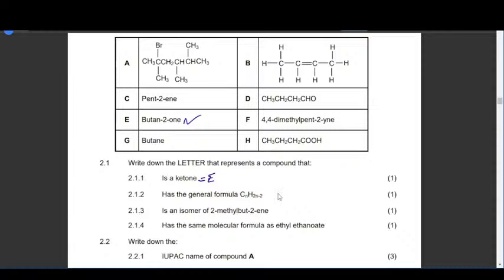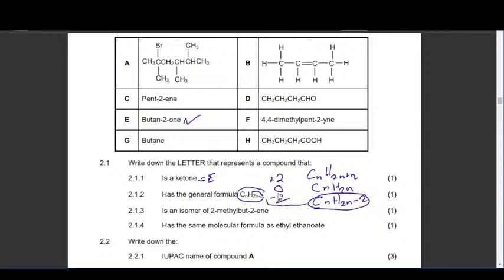Don't forget that alkane is CnH2n+2, alkene is CnH2n, nothing you add, and alkyne is CnH2n-2. And if you come back here, it will give you the same thing, which is indicated there.